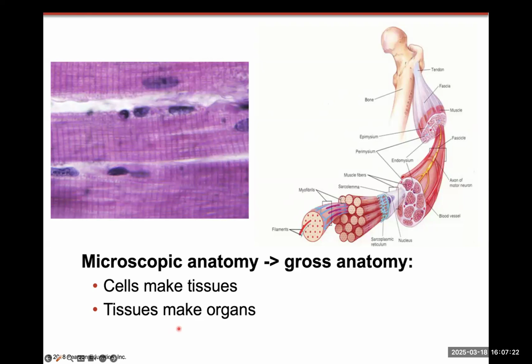When I was talking about Googling the definitions of different words, the reason I don't want people Googling definitions is that if you Google the word tissue, you may get the definition of a Kleenex tissue that you wipe your nose with. That may be the meaning in a regular dictionary.